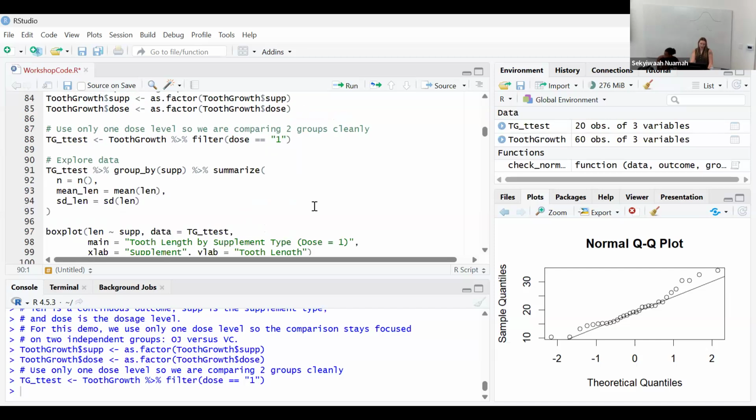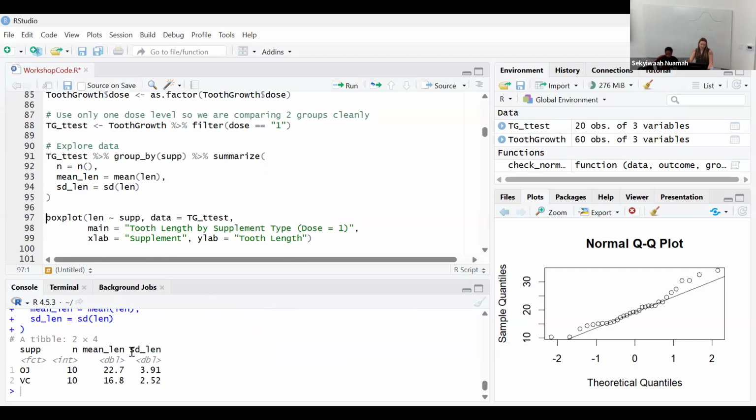Okay, and really quick, we can look at the data. So let me do that. A couple things you can see whenever you look at the summary of the data down here is both groups have 10. So there were 10 guinea pigs that were given orange juice, 10 guinea pigs that were given vitamin C. Now those guinea pigs that were given orange juice had a mean tooth length of 22.7.